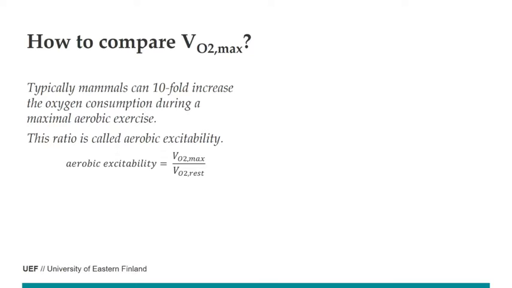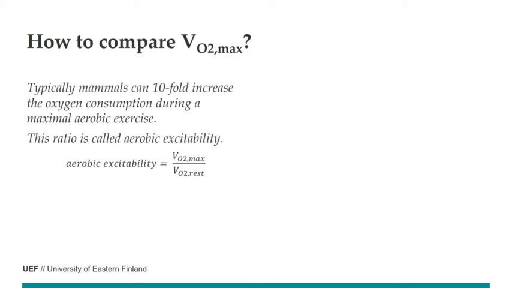It's called aerobic excitability. And it's good because it doesn't depend on the size of the animal or the way of travel, whether we are swimming, flying or running. So we can compare different sizes of animals and different ways to travel.